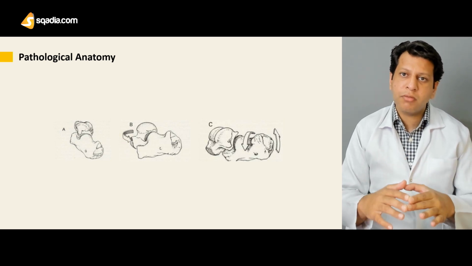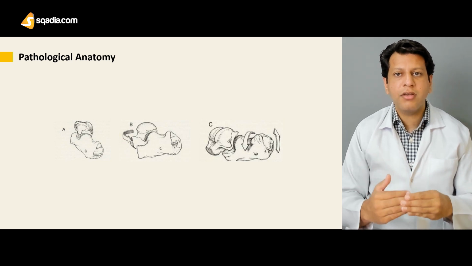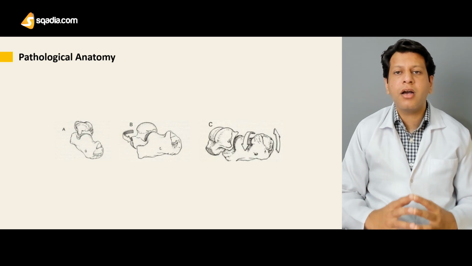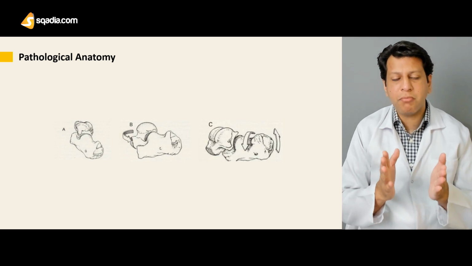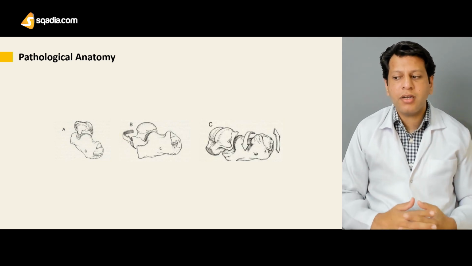Once the problem starts in the midfoot, this leads to a problem with the hindfoot as well as the forefoot. And this eventually results in a clubfoot deformity, which is primarily midfoot cavus, forefoot adductus, hindfoot varus, and equinus.